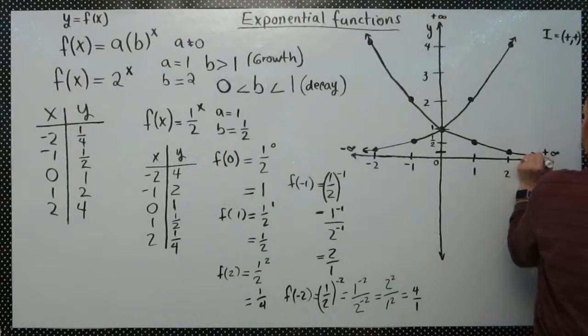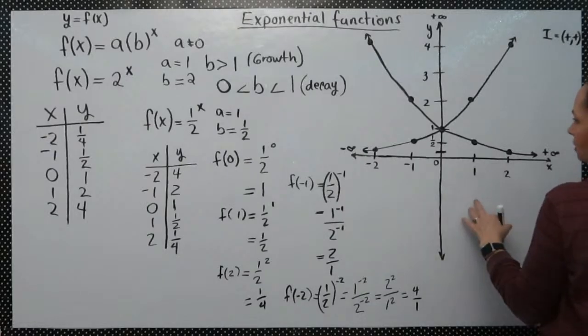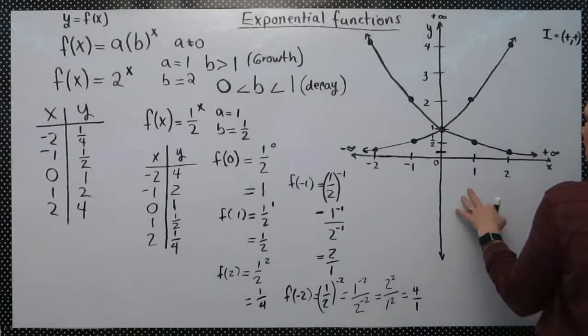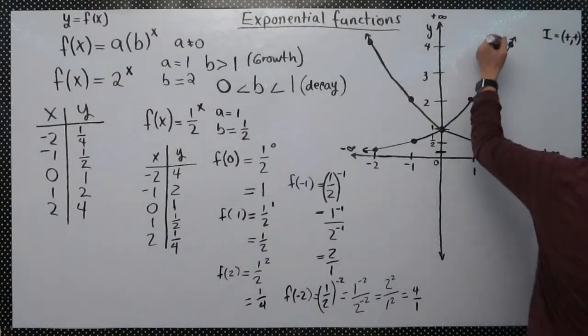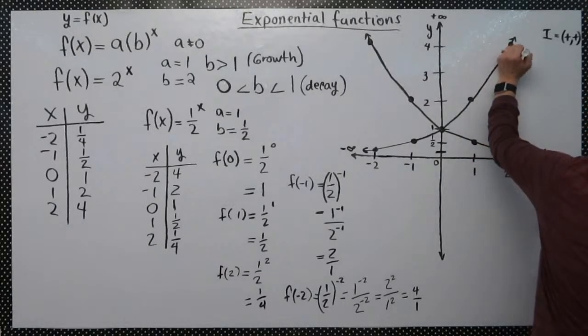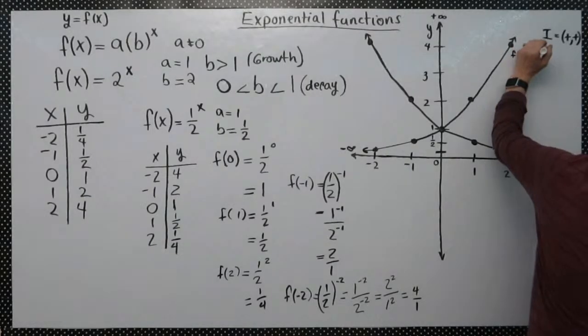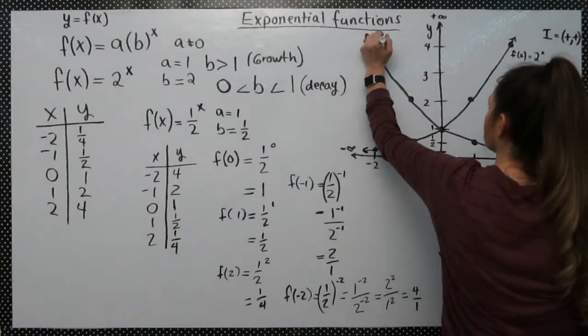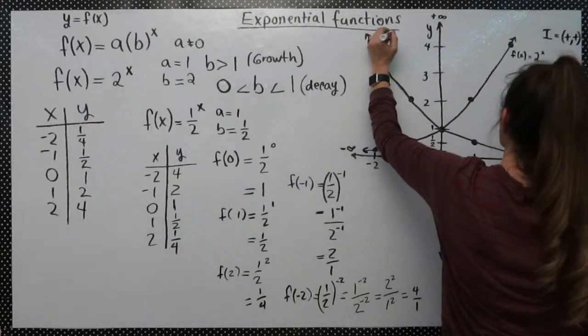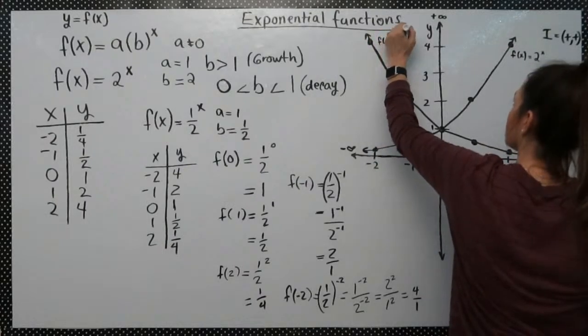We're not going negative down here yet, but what's happening, and this is f of x. So this one was f of x equal 2 to the x. This one is f of x equal (1/2) to the x.